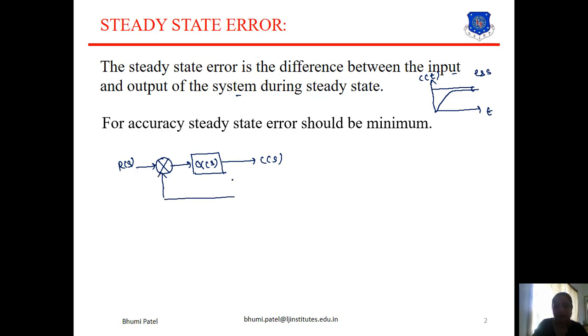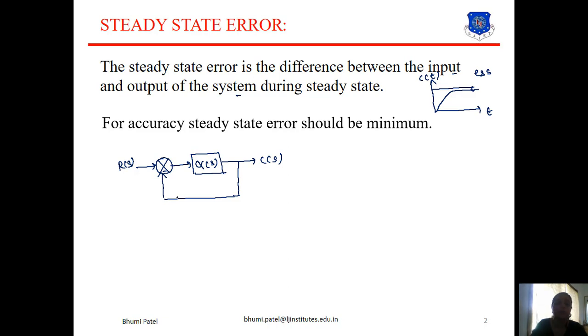And we take a unity feedback, meaning here H of S is 1 and the signal is a negative feedback signal.